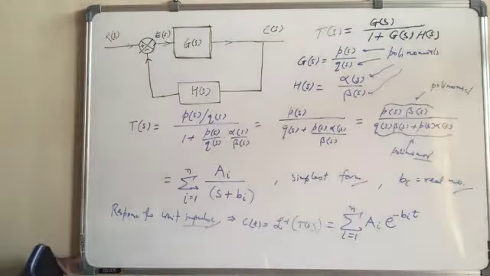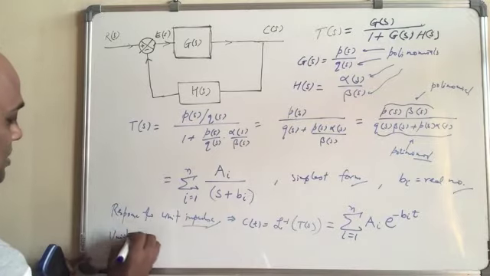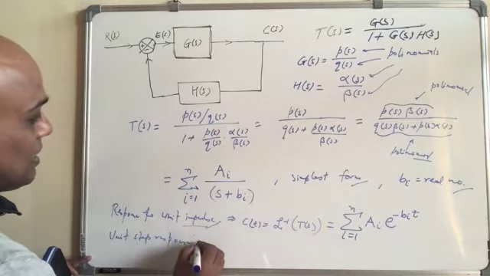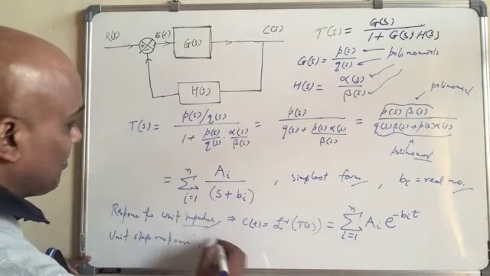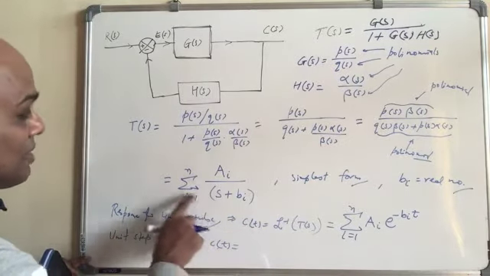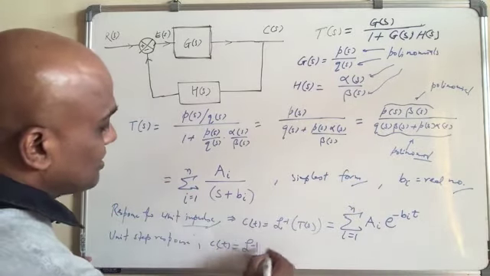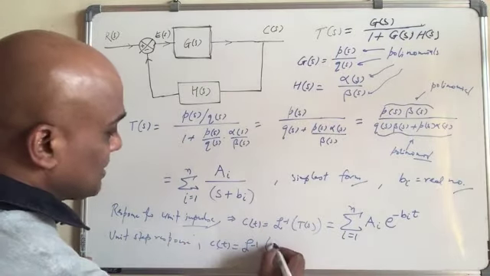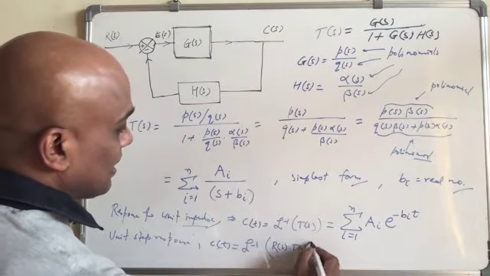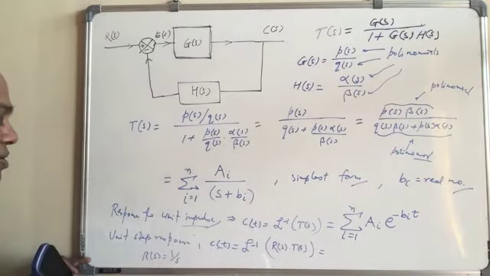If we had to find out the unit step response, in that case c(t) is equal to L inverse of T(s) times R(s), where R(s) is equal to 1 over s in case of a unit step response.